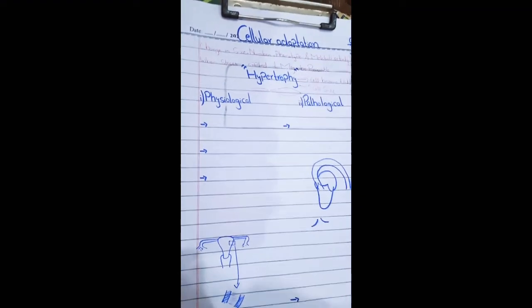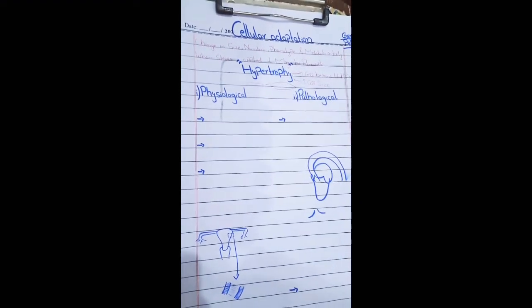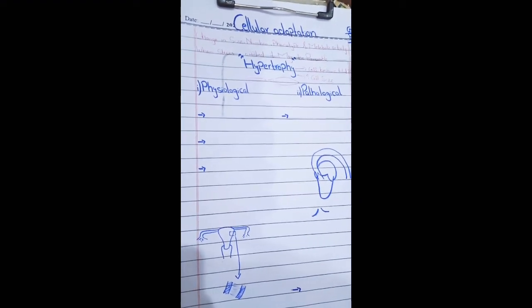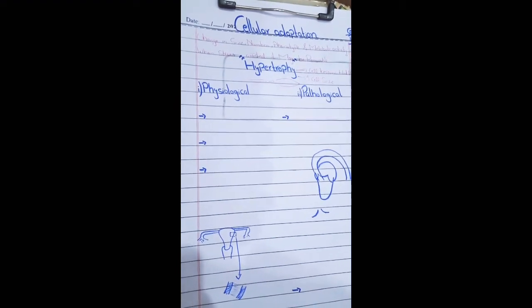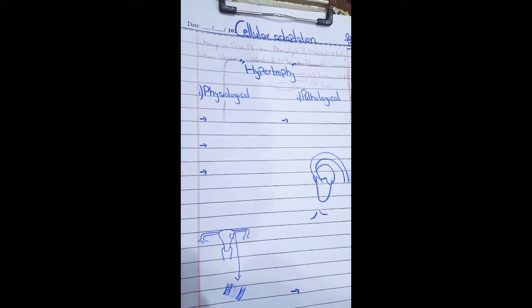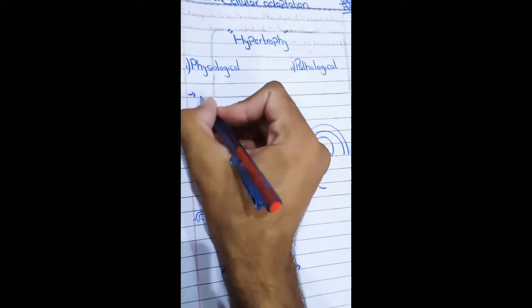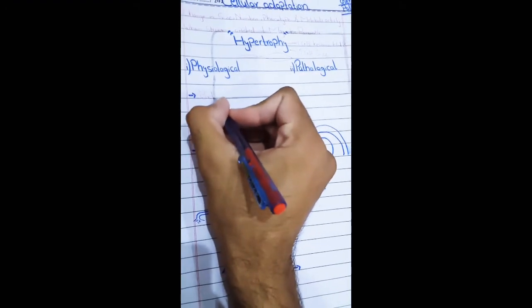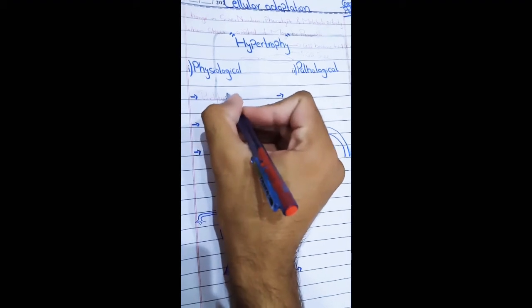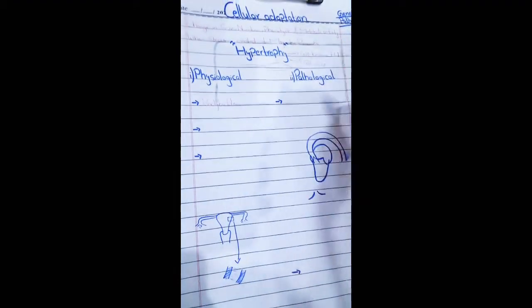There are two types of hypertrophy: physiological and pathological hypertrophy. What is physiological hypertrophy? The first example is bodybuilders, who have huge muscles. Where do these muscles come from?